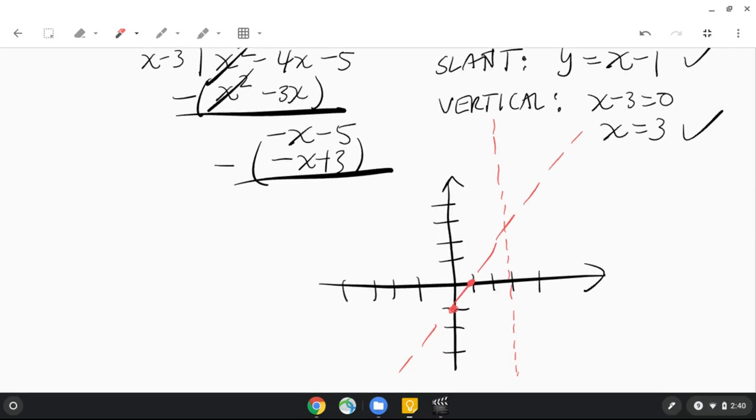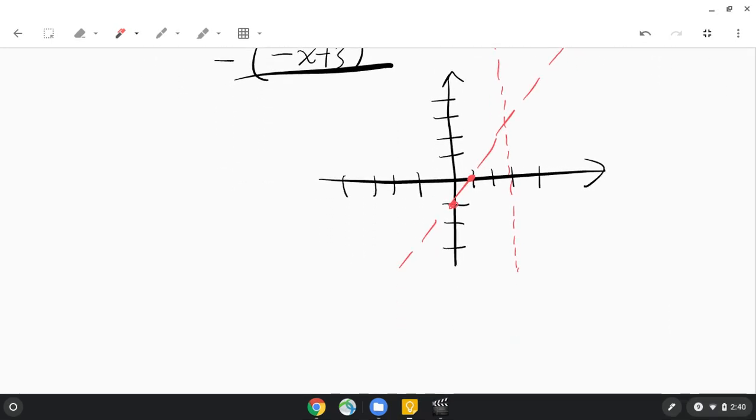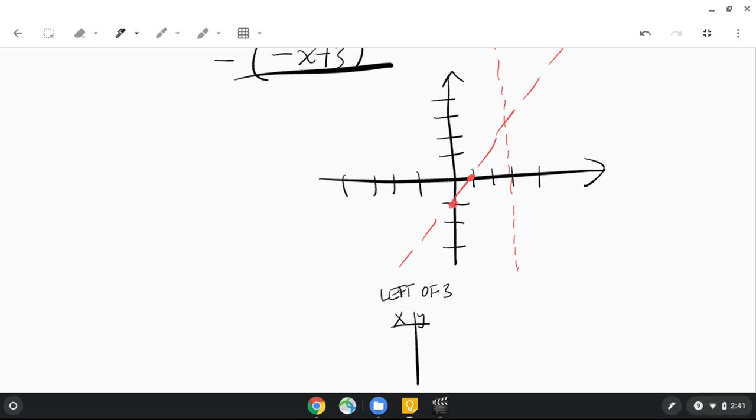So then you make your table of values. Again, you're going to choose points to the left of 3. So I'll choose 2, 1, and 0.